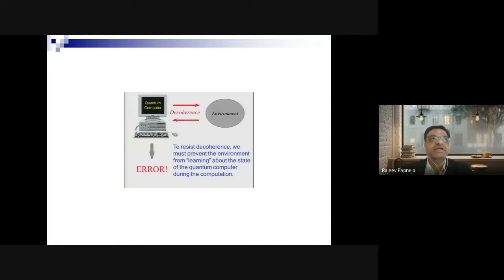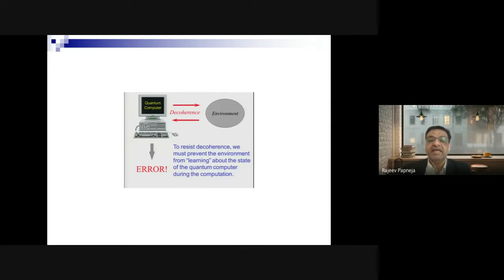So we have to keep it isolated in some way, shape or form from the environment, prevent decoherence and prevent errors. Any record left behind will cause the quantum computer to fail.